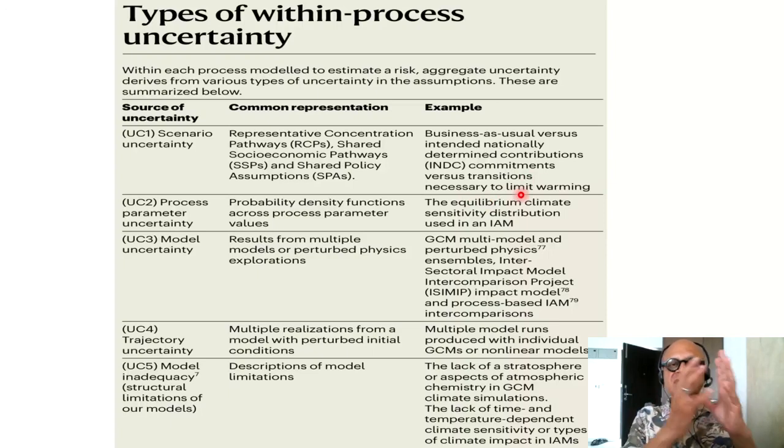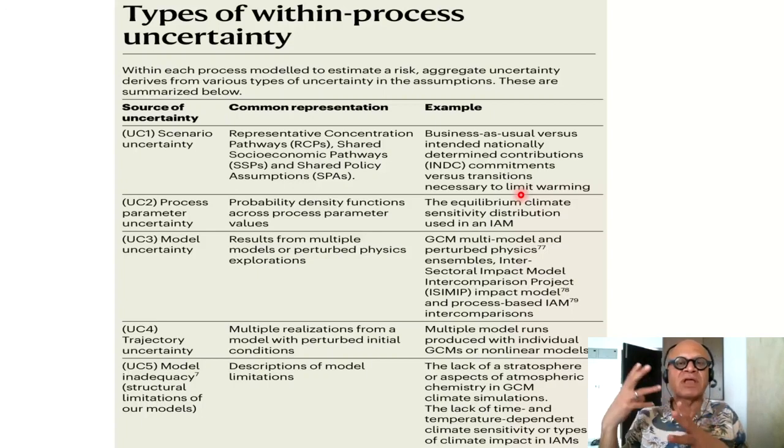So countries commit to something, there is a business as usual, assuming we fail to meet our obligations and commitments, and then we go after emissions gaps and so on, looking at targets set for 1.5 degrees C or 2 degrees C warming by 2100 with something like 67% probability. So these intrinsically bring about some scenario uncertainties.